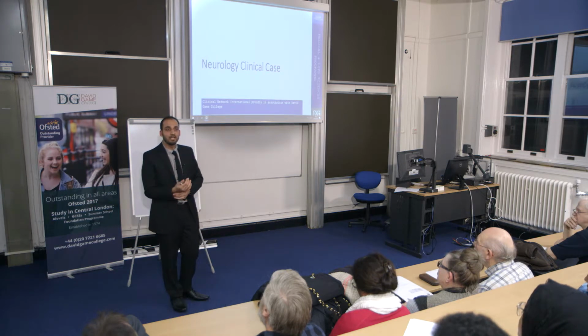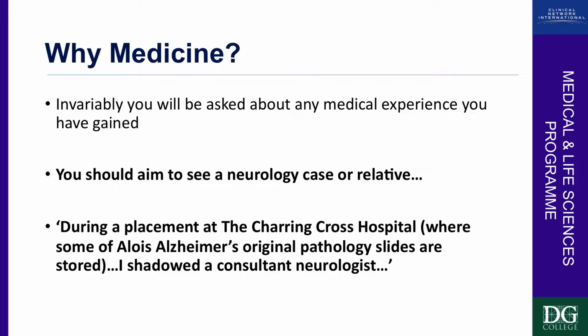But what he will say is, can you tell me about an interesting patient you saw? And that's how you choose what broad topic you want to talk about. And then you bring in all the other information through your own skill. I encourage you after this lecture to go and see a neurology case in hospital if you're able to. If you're able to get work experience, please go onto the neurology wards.